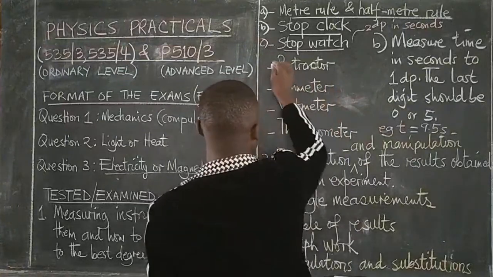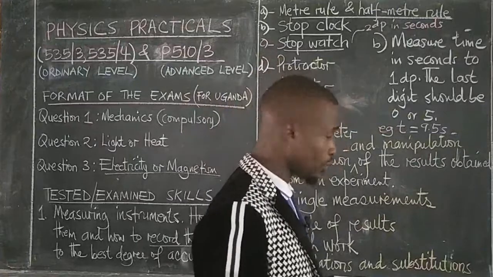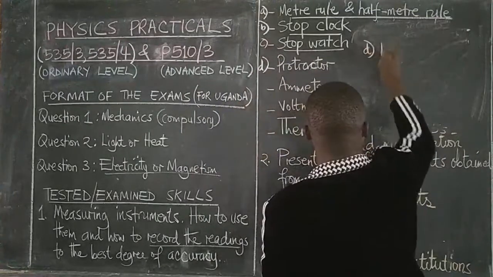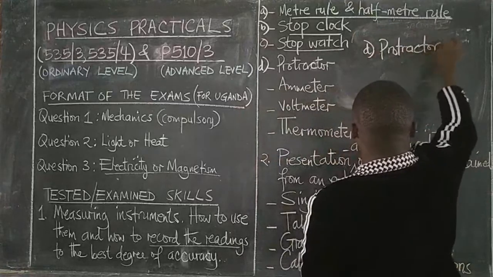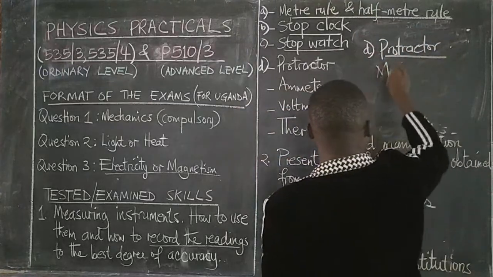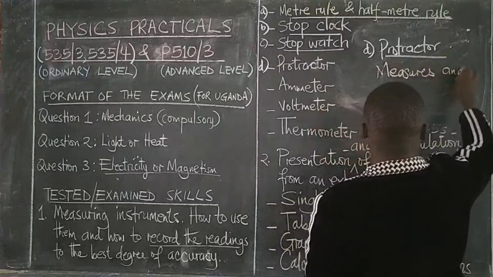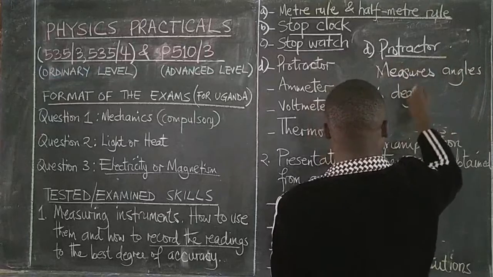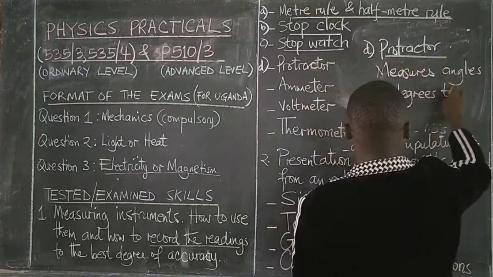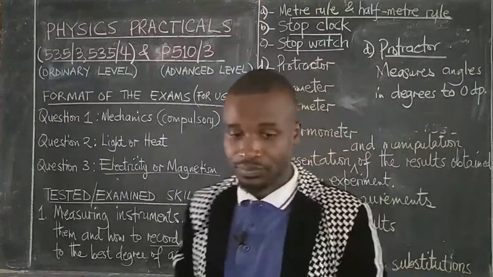Then next, part D is what we call a protractor. We all know protractors. This measures angles basically, in degrees, to 0 dps, whole numbers.